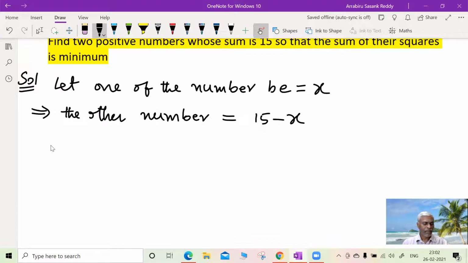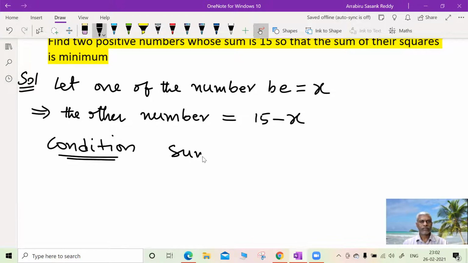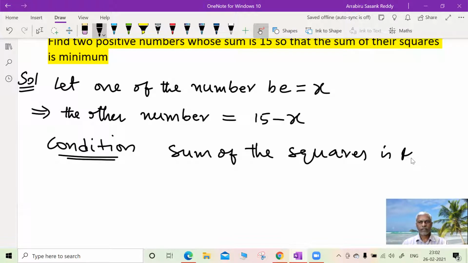So the condition to be satisfied is that the sum of the squares is minimum.